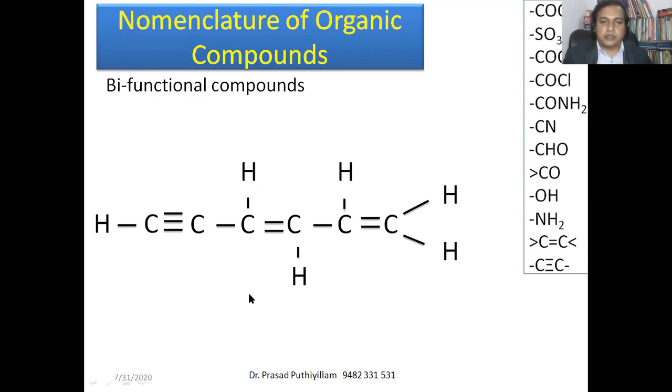Therefore, first we write hexa-1,3-diene. The final e in the name is replaced because a further suffix is there. Therefore, it is the fifth carbon atom, so dash 5-yne. Therefore, hexa-1,3-dien-5-yne. That is the name of this given compound.